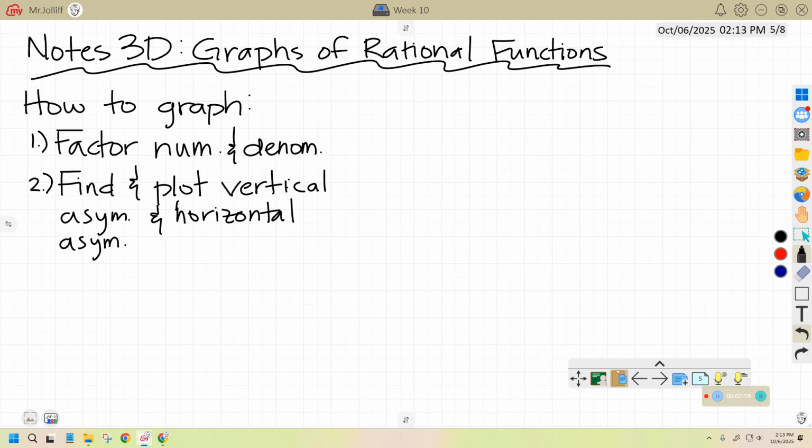So at this stage, I'm finding where my asymptotes are, and I'm going to mark my graph with a different color and making dotted lines for all of my vertical asymptotes and my horizontal asymptote if there is one. Yeah? Okay. Next step, same idea. I'm going to find and plot my intercepts.